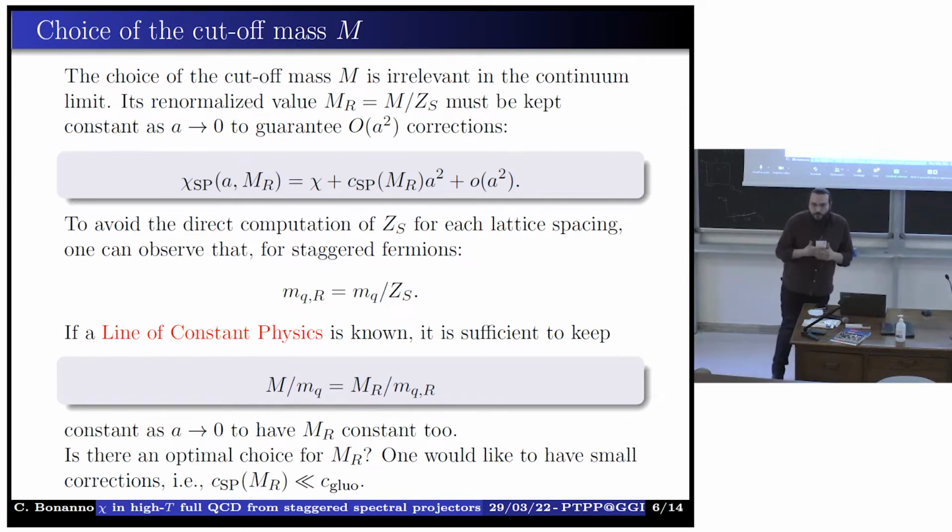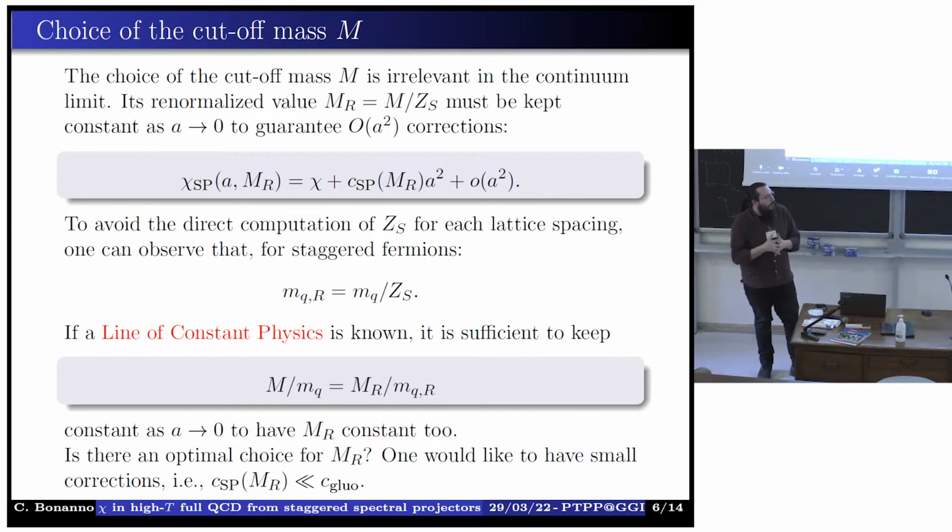So in particular, we need to ensure that we keep the renormalized value of this cutoff mass constant as we scale towards the continuum limit, in order to guarantee that we have order a squared lattice artifacts at leading order. And in particular, this is the renormalization of the mass in our setup.